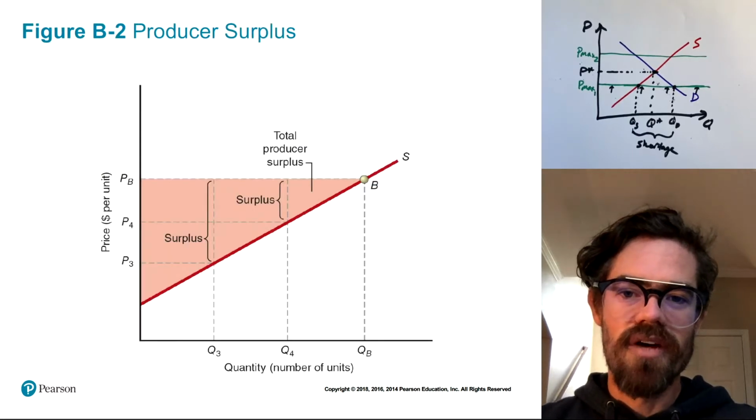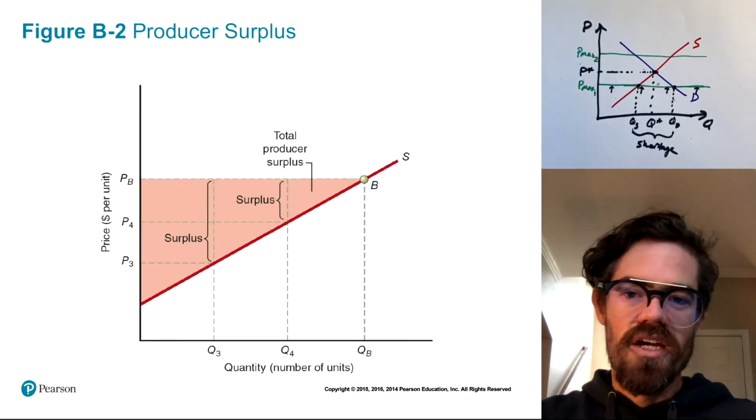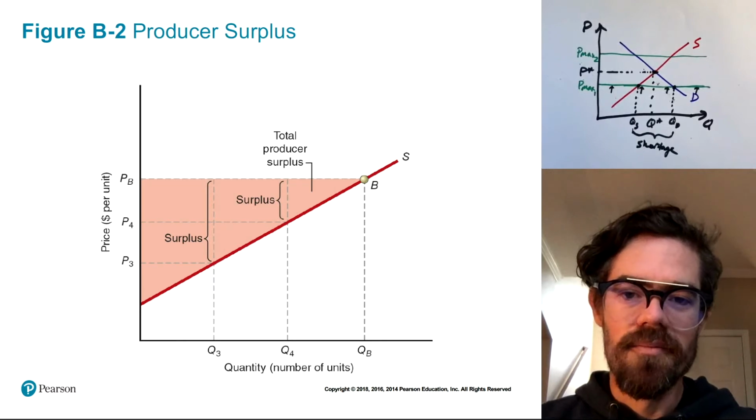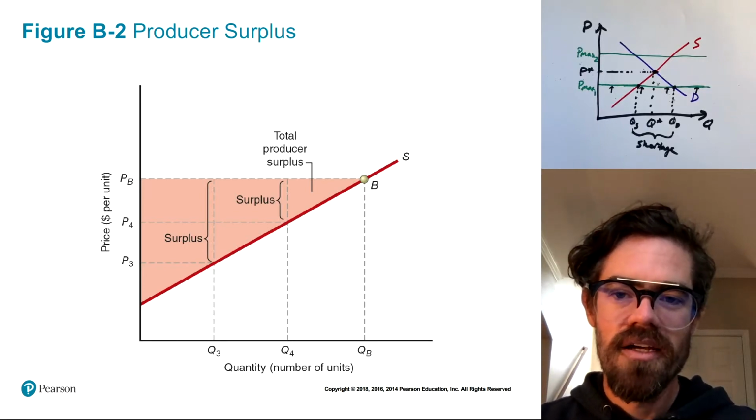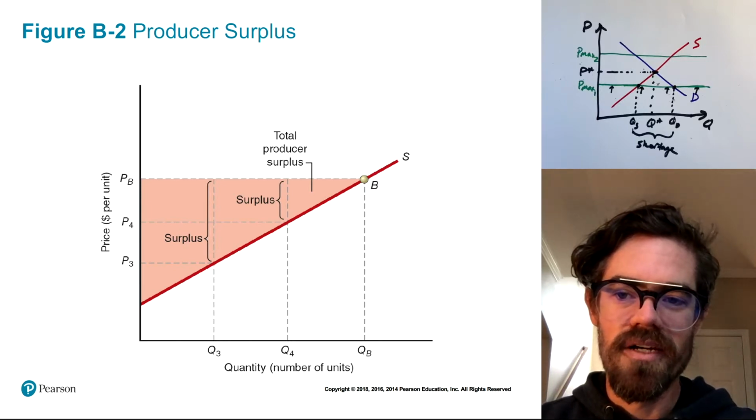Graphically, it's this wedge here. Again, the supply curve represents what sellers are willing to sell at. What's their minimum selling price that they're willing to accept? If they get anything higher than that, then it's a gain to them, and that's producer surplus.